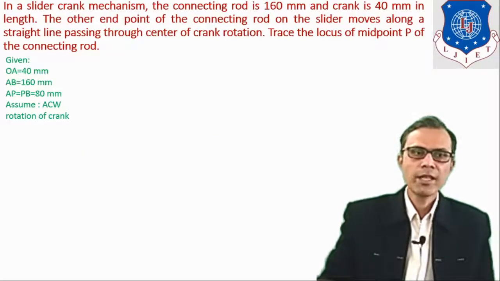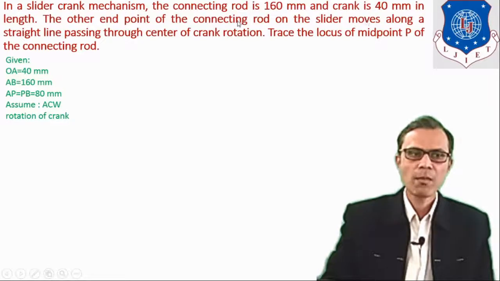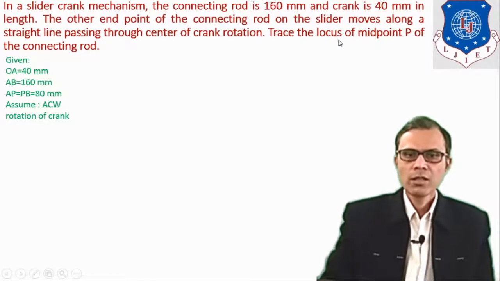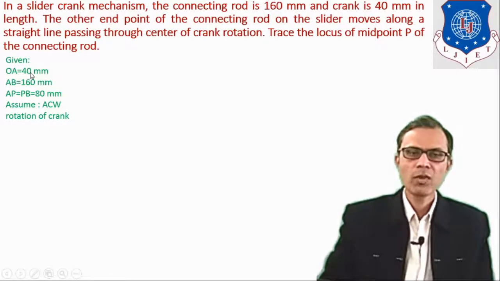Here the given data is: in a slider crank mechanism, the connecting rod is 160 mm and the crank is 40 mm in length. The other end point of the connecting rod on the slider moves along a straight line passing through the center of the crank rotation. Trace the locus of midpoint P of the connecting rod. So given data is, let's take OA as the crank, and OA is equal to 40 mm.